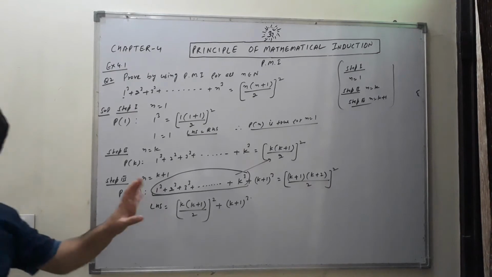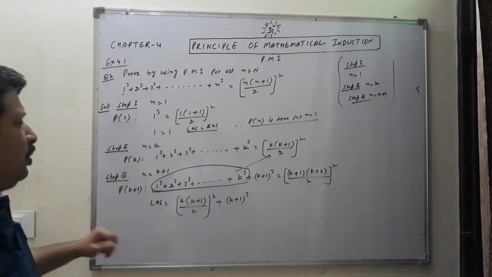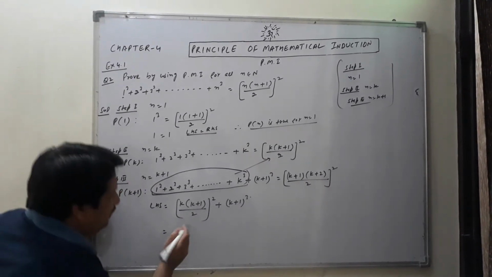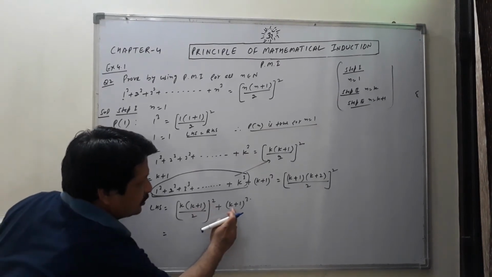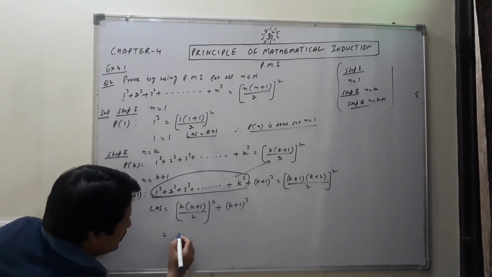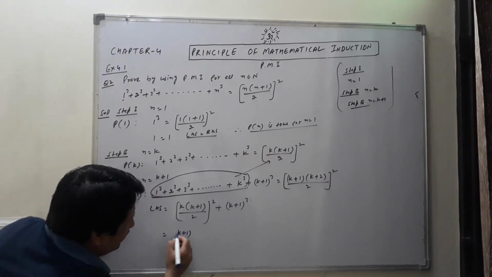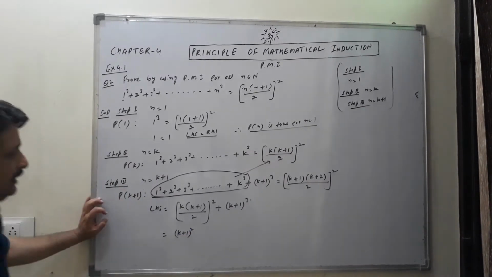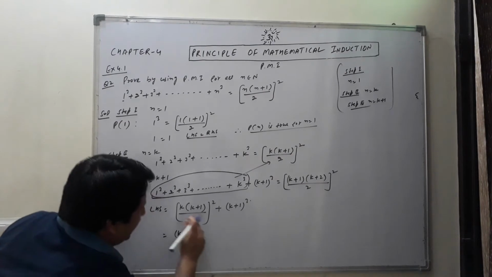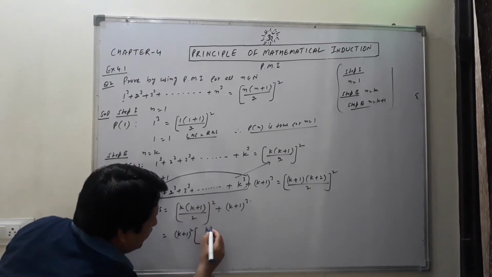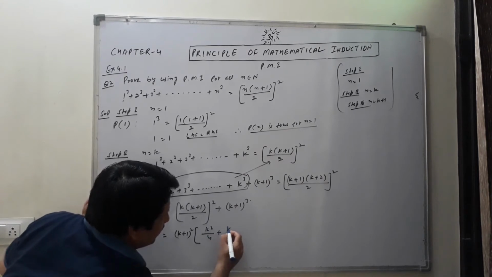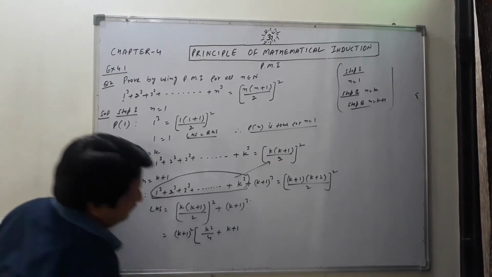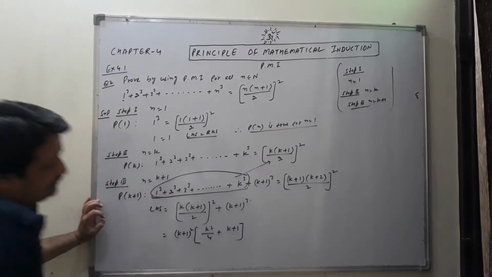Now here any method you can apply to solve it, but what I am doing here: I check that k plus 1 square is there, and here also k plus 1 cubed is there. So I have taken k plus 1 square as common, and inside we will have k square upon 4, plus k plus 1.